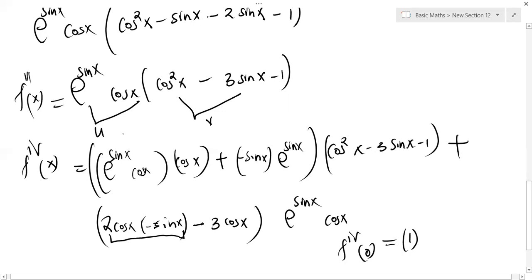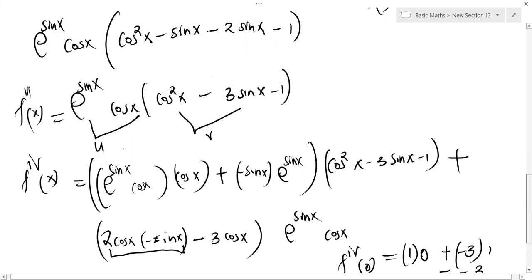Replacing 0 here, we have 0. And then 1. So 1 minus 1 will give us 0. Plus finally, replacing 0 here, we have 0. 0 minus 3 will give minus 3. So we have minus 3 there. And then replacing 0 here, we have 1. So eventually this gives us minus 3.